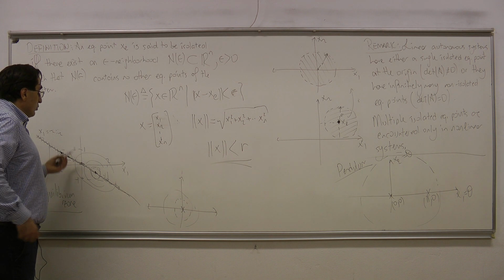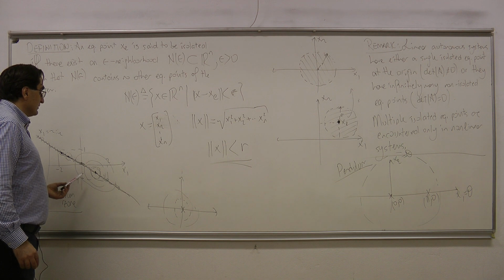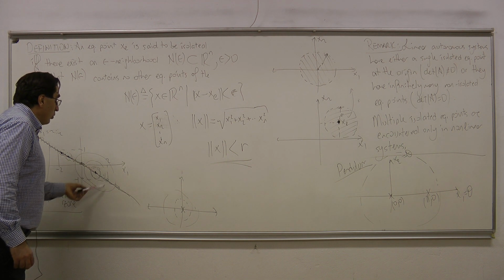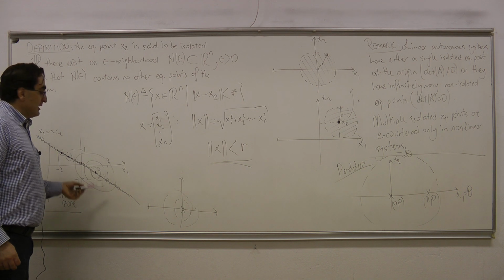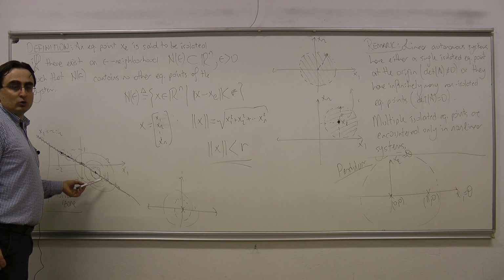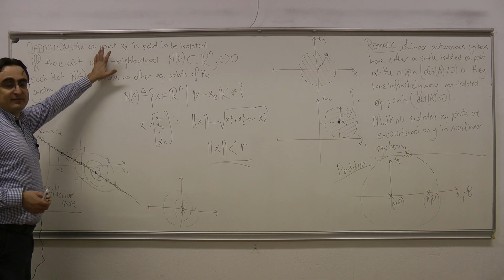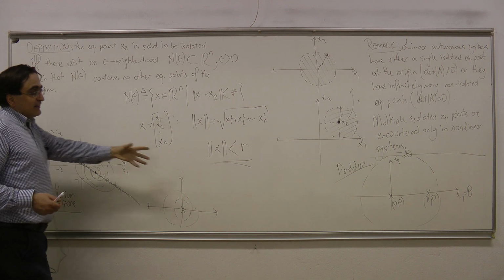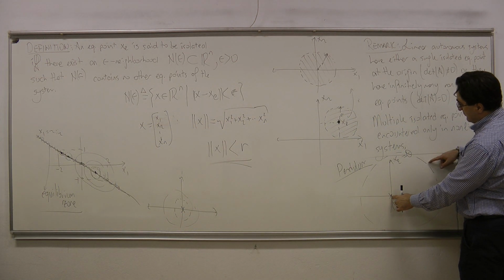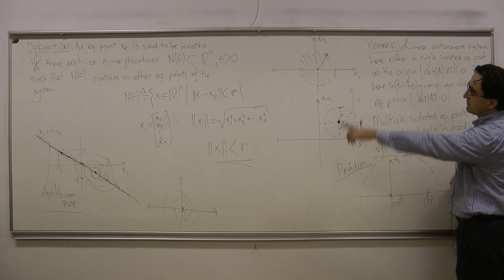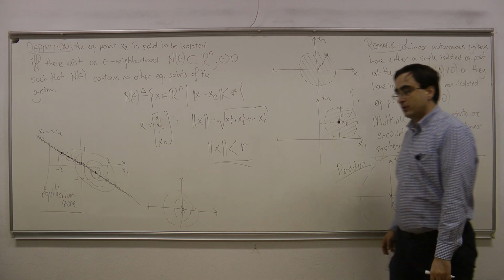To decide that it is non-isolated, I need to see that in every one of them there is another equilibrium point of the same system. Seeing only that this large epsilon does not satisfy the criterion does not tell me that this equilibrium point is non-isolated.